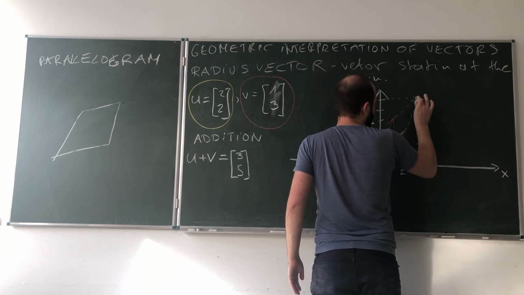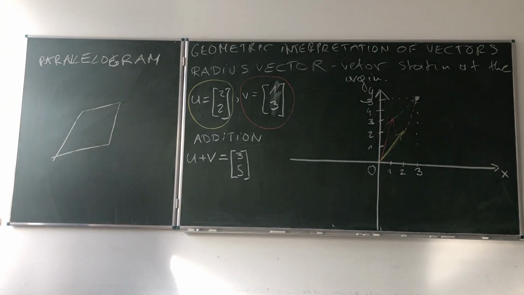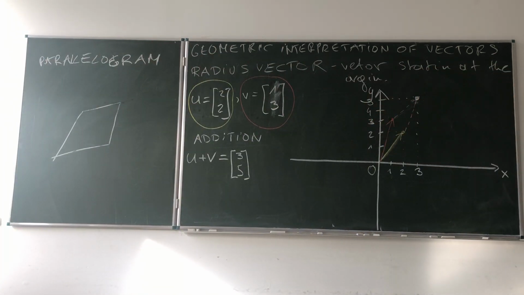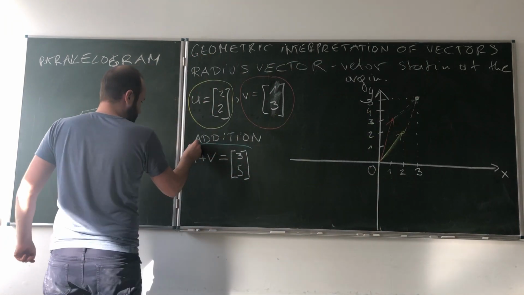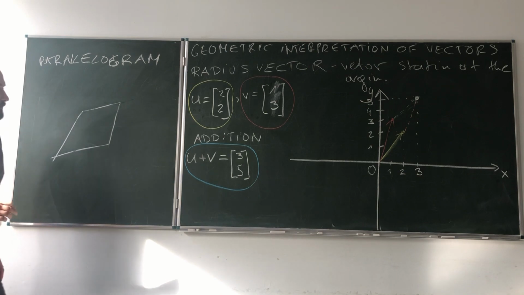No, maybe this time without arrowheads. Okay, and now look, finally, at the point of intersection of these two lines, we will have the new arrowhead of vector u plus v.